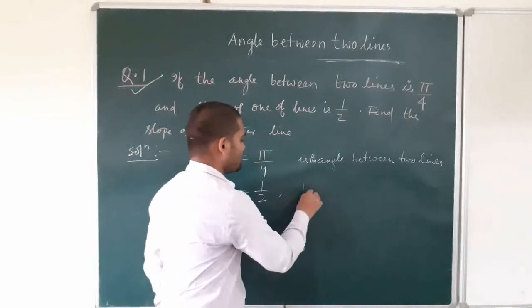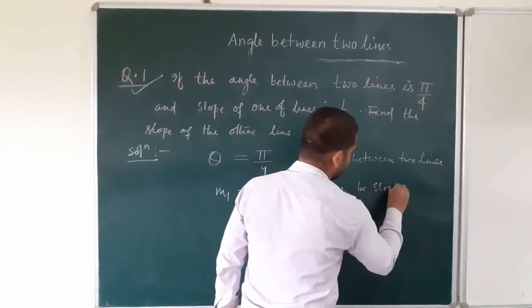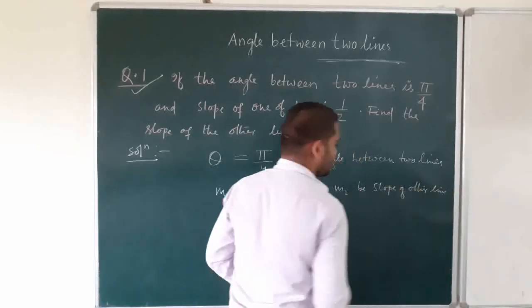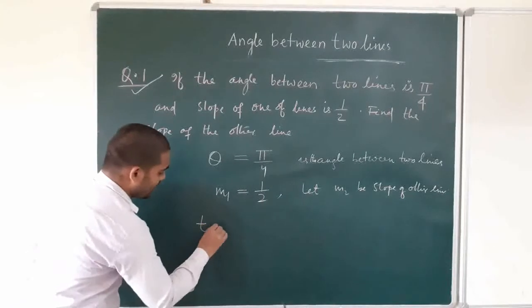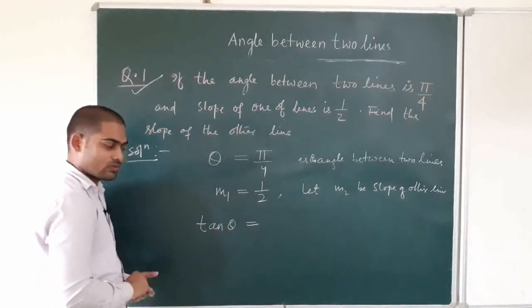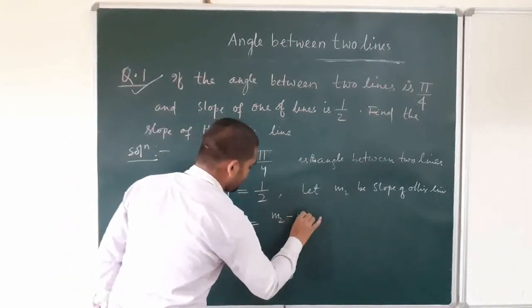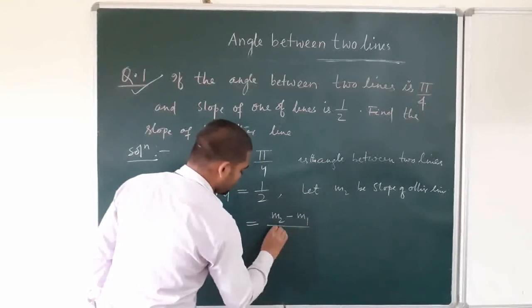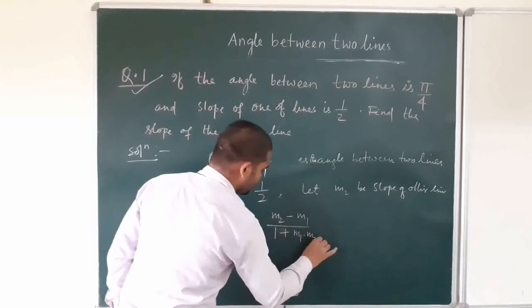So let M2 be the slope of the other line. Okay, and we know that tan theta is equal to M2 minus M1 by 1 plus M1 into M2.